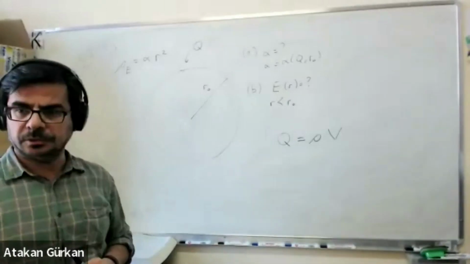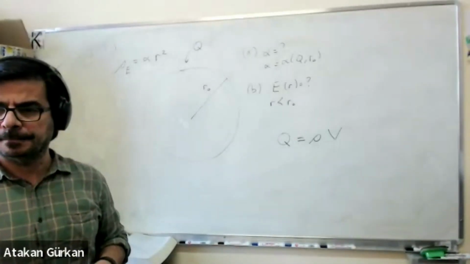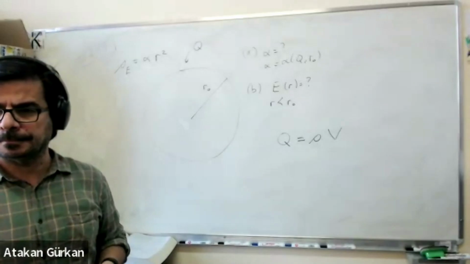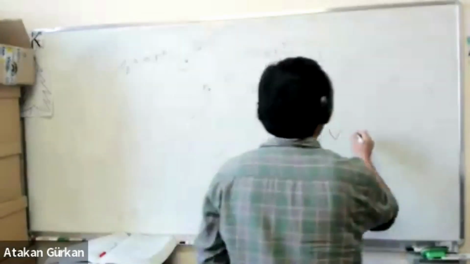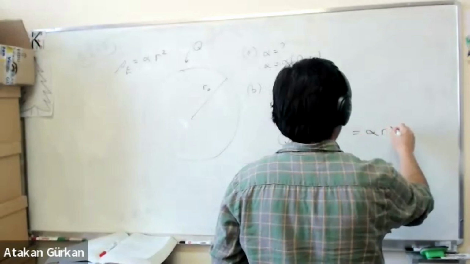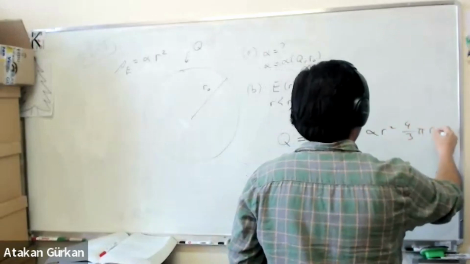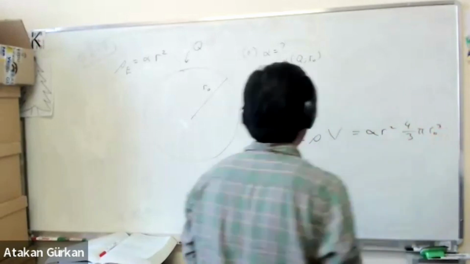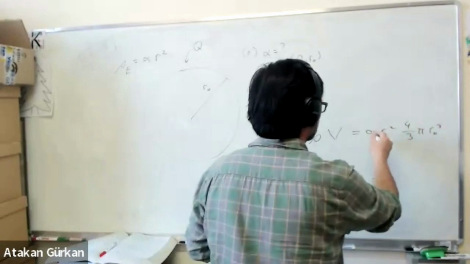Is this correct? Does anyone have any objection to this? Now, what is rho? This is alpha times R squared. What is V? That's 4/3 pi R0 cubed. And so I can write alpha in terms of these quantities.